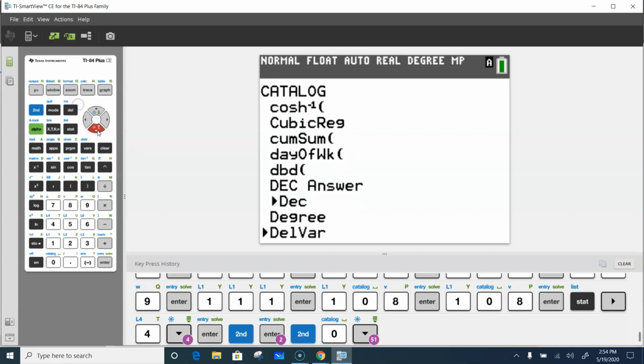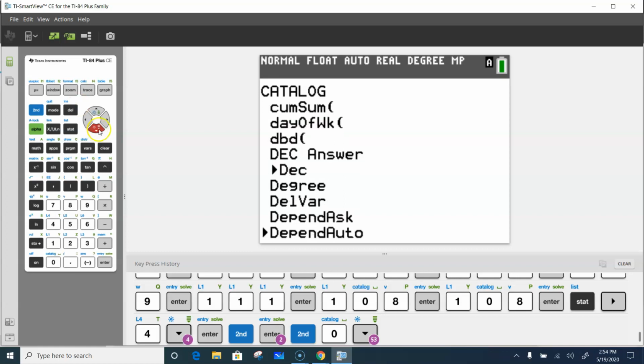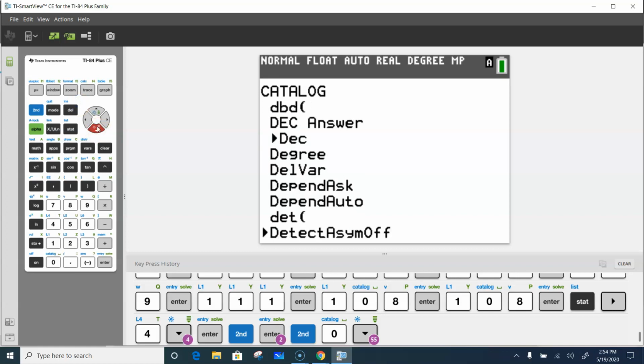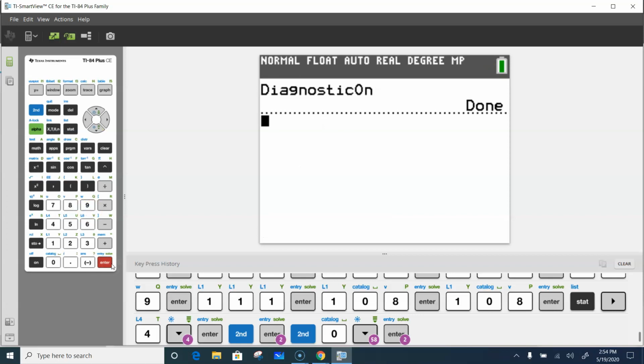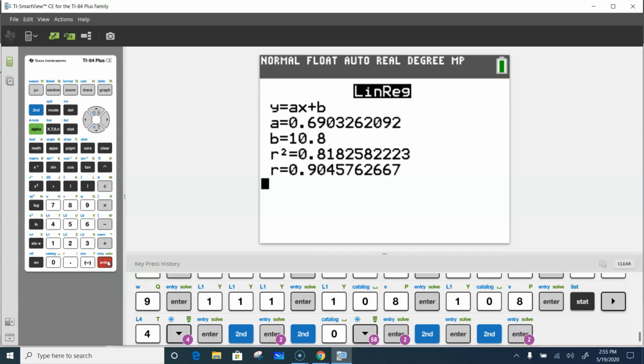Don't want to skip past it too fast. It's got to be down here soon. Diagnostic on. So when I press that, press enter, it doesn't look like anything great happened, but if I hit second enter a couple of times and bring back up that regression command, magically now I have r and r squared, which is going to be real helpful to me.